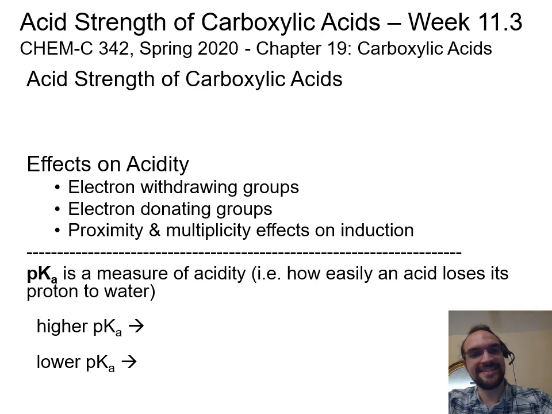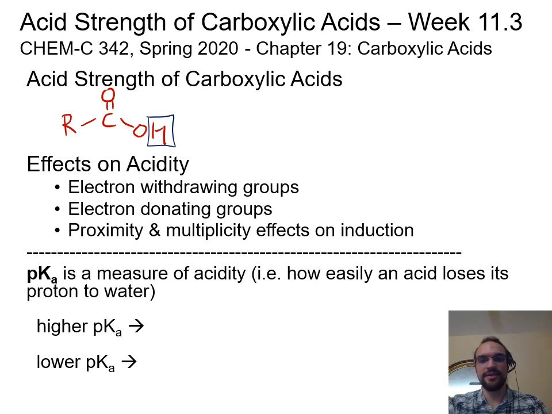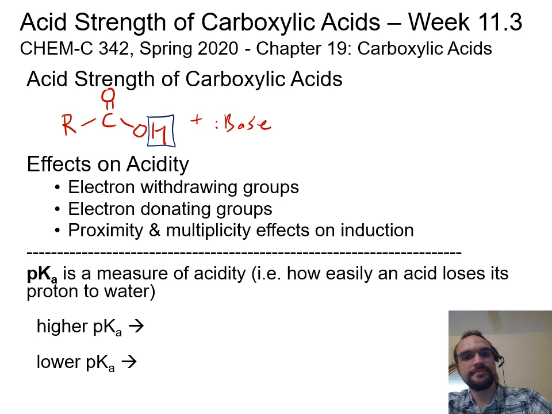So remember, carboxylic acids have this general formula: some group connected to a carbon that's double bonded to an oxygen with an OH attached. And so when it comes to carboxylic acids, kind of like we ended up the last video talking about, this hydrogen right here is acidic. And so it will get transferred to a base in an acid-base reaction.